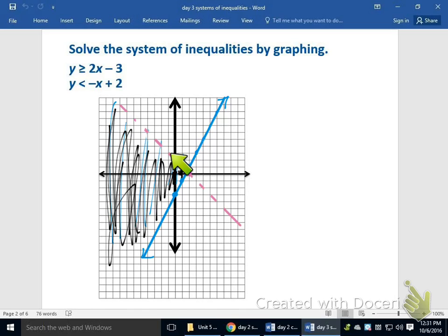It wouldn't work for both inequalities. Meanwhile, the point of intersection would not work for both inequalities because the purple one was not equal to. So the point of intersection here would not be part of the solution set. Only everything that's in the shaded region and anything on the blue line that's down here, nothing above the purple line, would work. There's my solution set, any of these points.